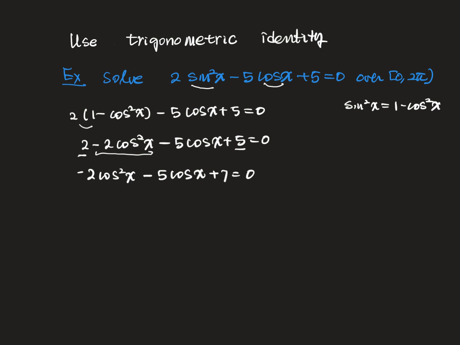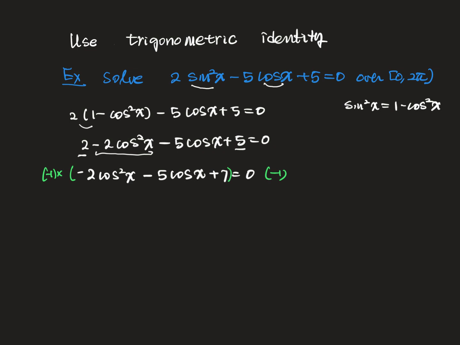You find it, right? Then, in previous slides, we talked about trigonometric equations in quadratic form, with cosine squared theta and cosine x. So first I want to multiply by negative on both sides to make the leading coefficient positive, guys.